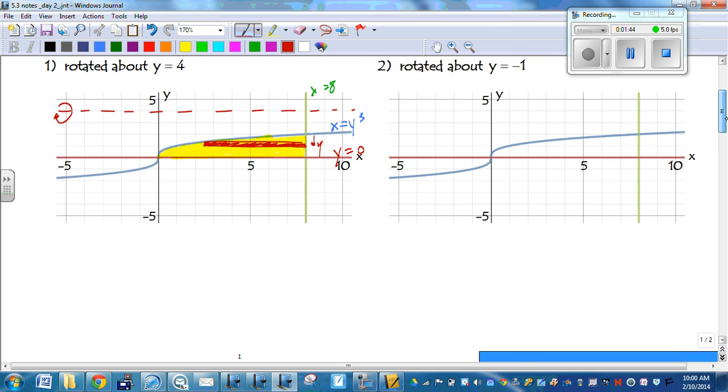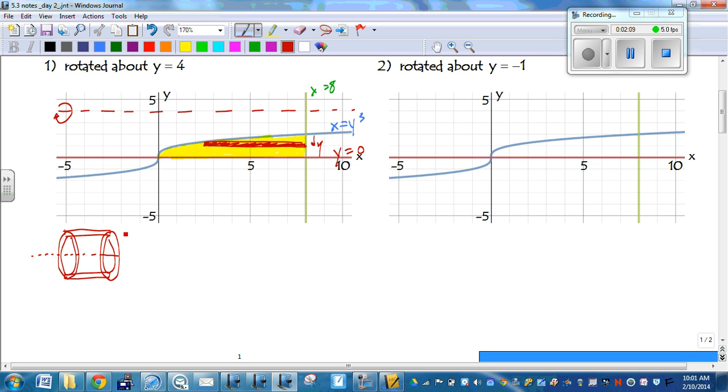Now let's take a look at our parts: average radius, height, thickness. It may help you to draw just our axis of revolution. We've got a rectangle, and I'm going to draw another rectangle the same size on the other side of that axis of revolution, and then connect them to see the shell that is created.